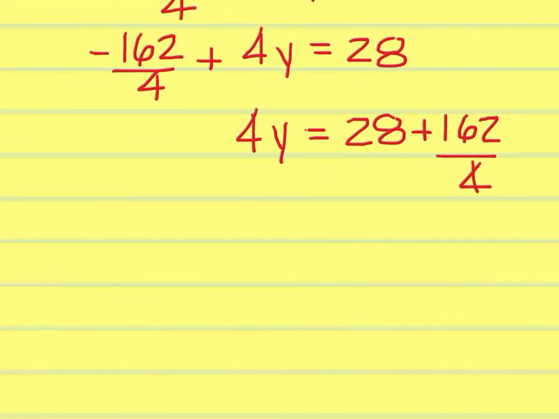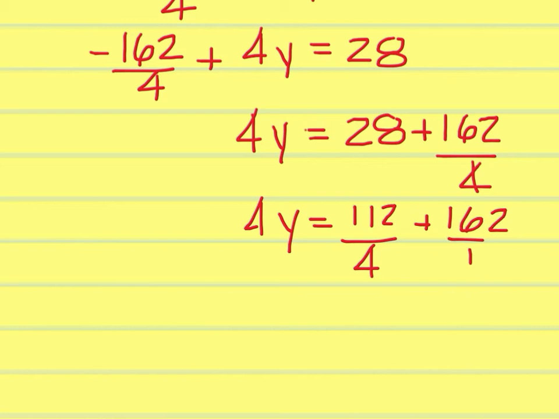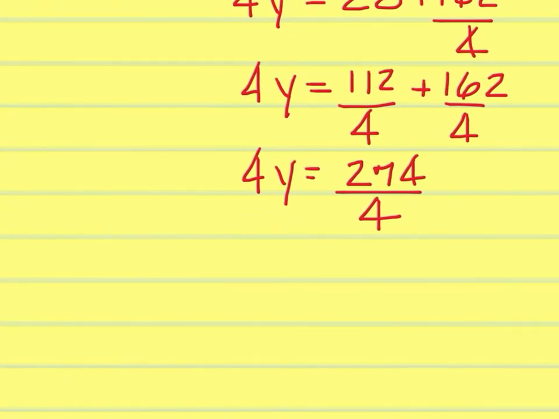And then add those two fractions together. 28 over 1, if you make it a denominator over 4, 28 times 4 is going to be 112. And you're going to add to that 162 and put the result over 4. 112 and 162 is going to be 274. And that's going to be over 4.